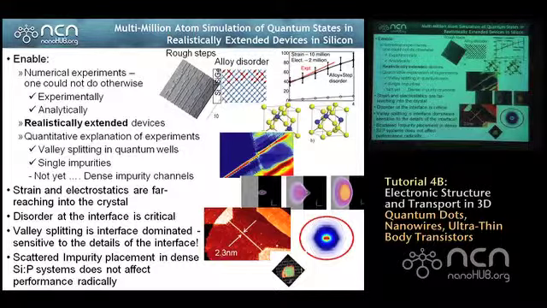The other four were pushed away by strain, but it left two, and those two are coupled by confinement. Yes. So I have that Ushida structure on that slide, which is a quantum well about 5 atoms thick. There will be a huge valley splitting in there just due to confinement. Right?